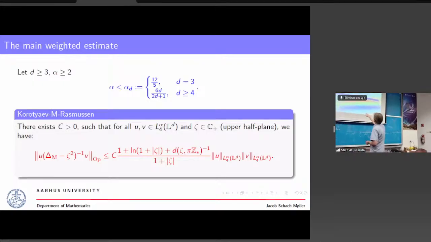And then there is a distance to the nearest Dirichlet eigenvalue, 1 over the distance, so it blows up. The estimate naturally blows up when you approach an eigenvalue, which is not unusual. And then out here we have the L^{alpha} locally L^4 norms of the two weights.